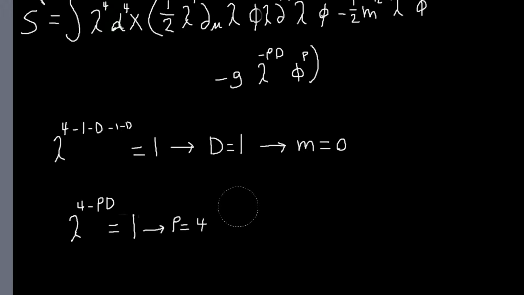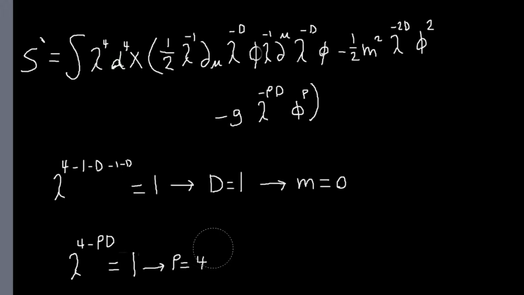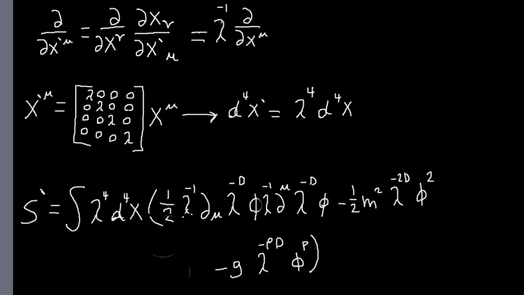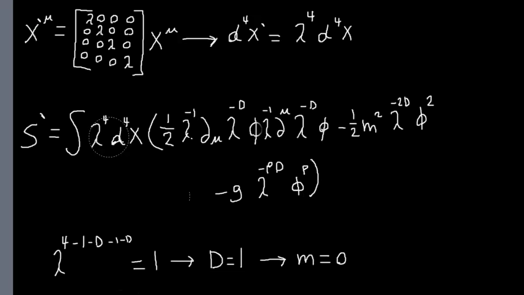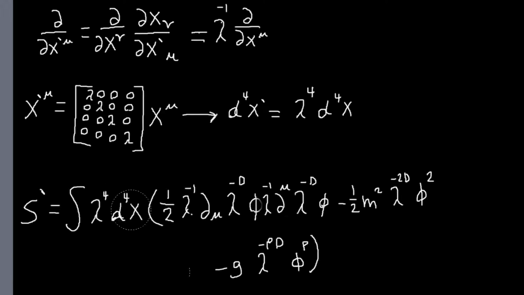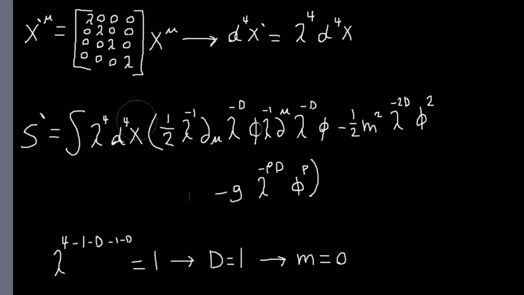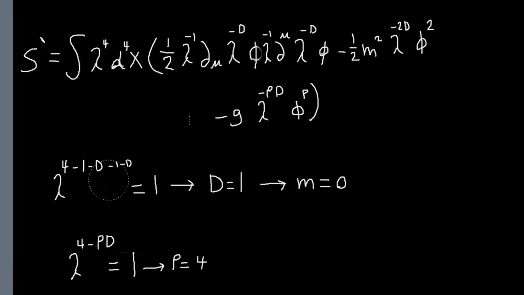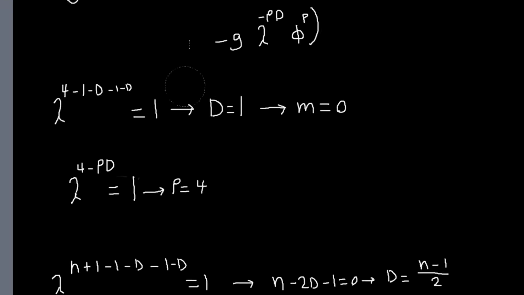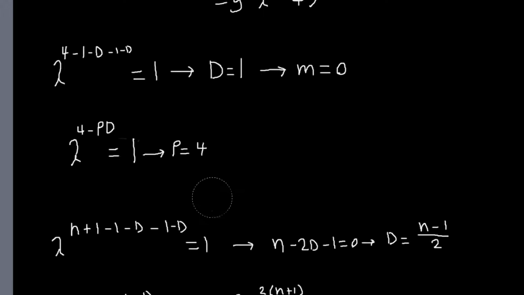And then it asks how things generalize in n+1 dimensions. Basically, the only thing that changes is our Jacobian will get another factor of lambda. So instead of d^4 x, we would write d^(n+1) x, and correspondingly we'd get a factor of lambda to the n+1. So we can just define the general conditions.